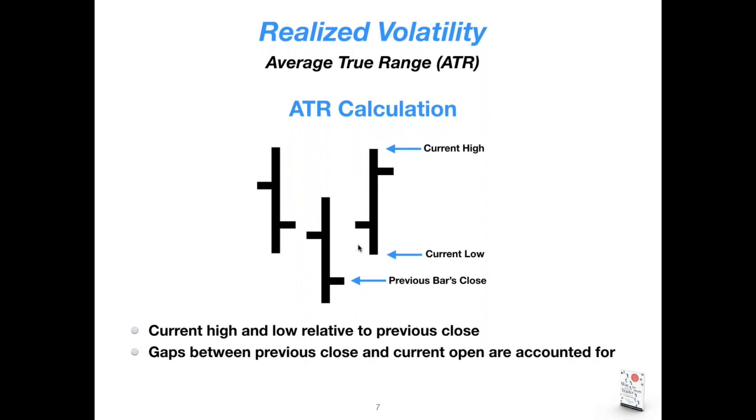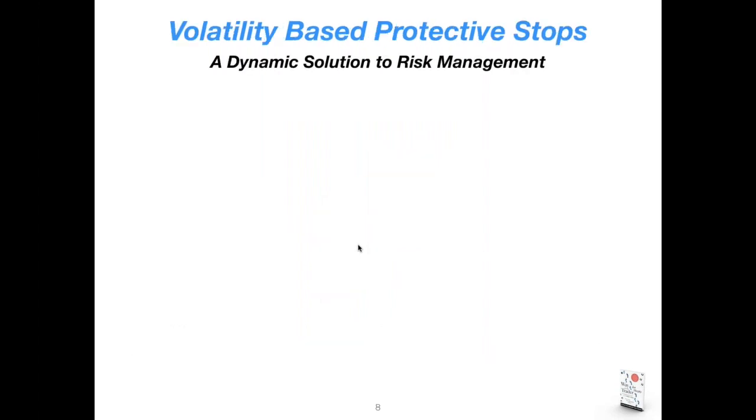So let's look at protective stops then based on volatility rather than the 4 common methods we saw earlier on. And these are based on ATR, and they're what I use all the time in my charts. All instruments I trade, all strategy, all timeframes, these volatility-based protective stops.